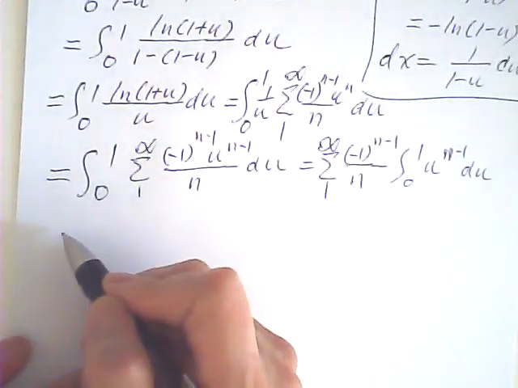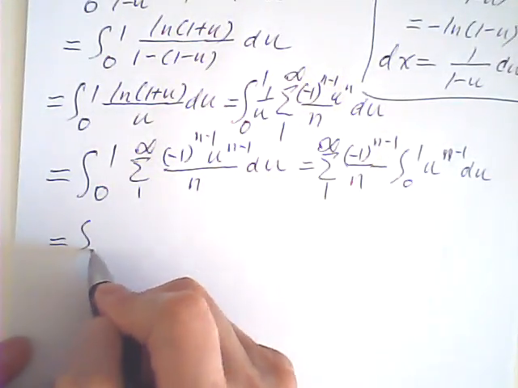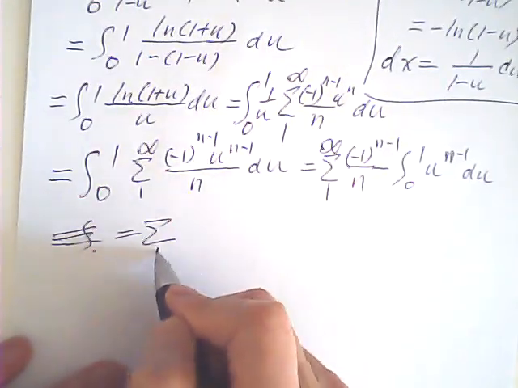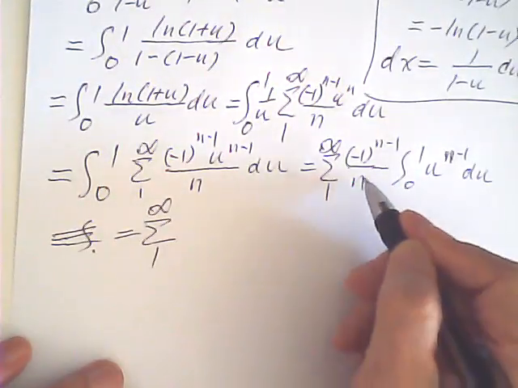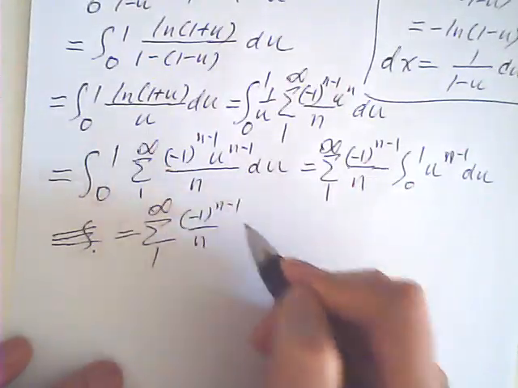Right, this is okay. This is equal to the sum from 1 to infinity of negative 1 to the n minus 1.